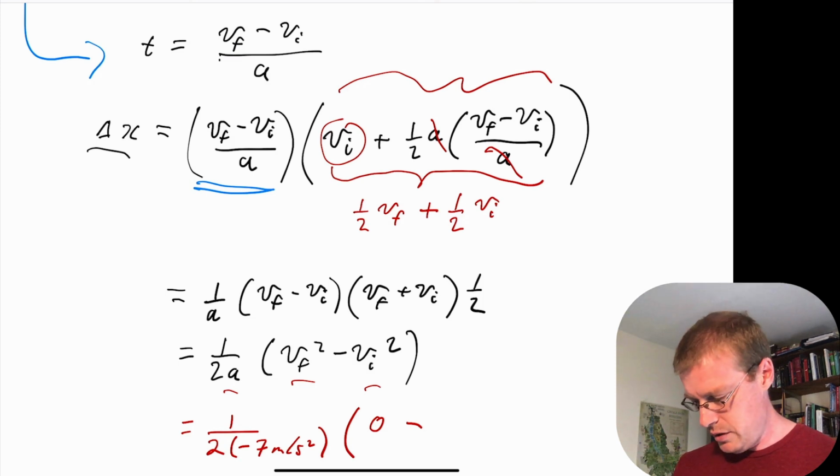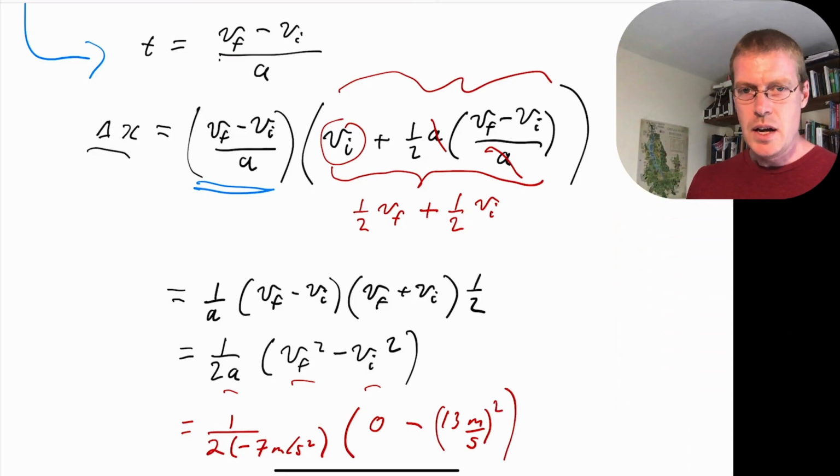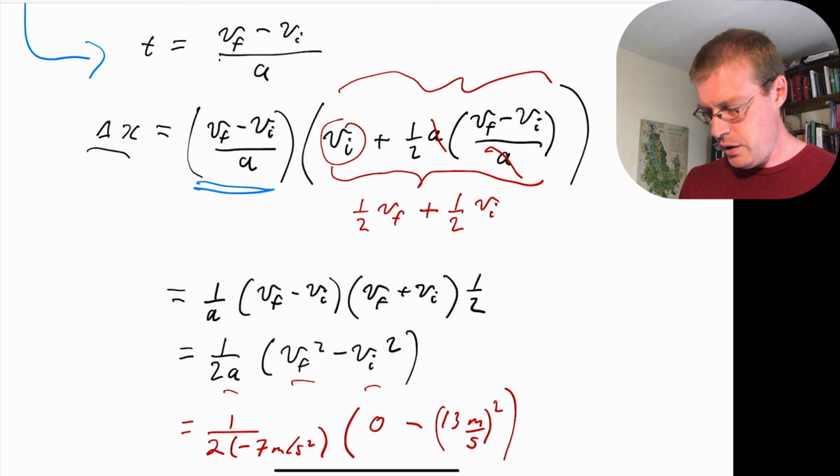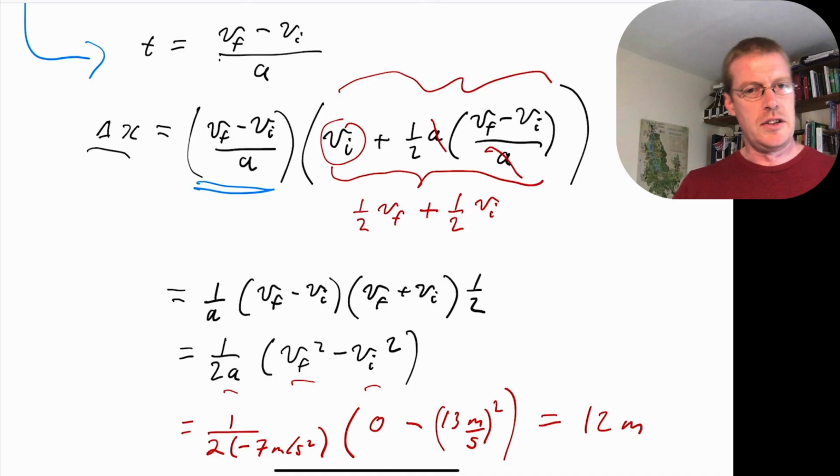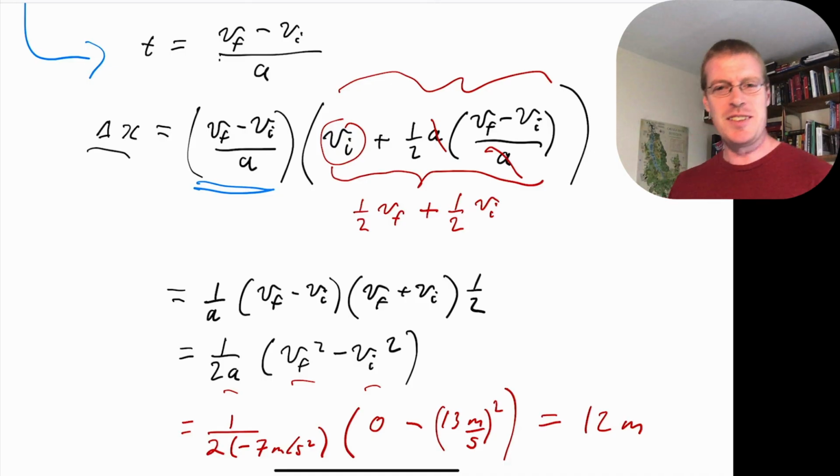And Vi was 13 meters per second. Okay. And if I go and multiply all that out, I get that this is 12 meters. Looks like we don't get any venison tonight. Excellent! This is smaller than 15 meters, so we stop before we hit the deer. I'm so glad that deer is safe.